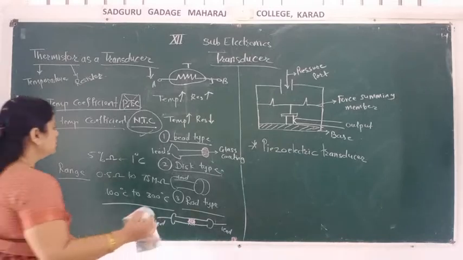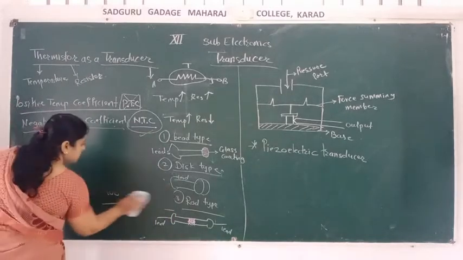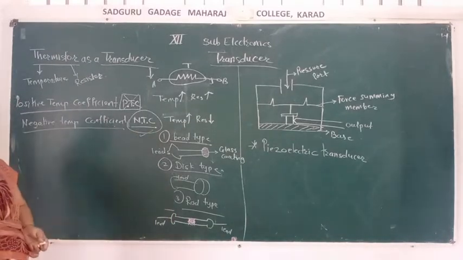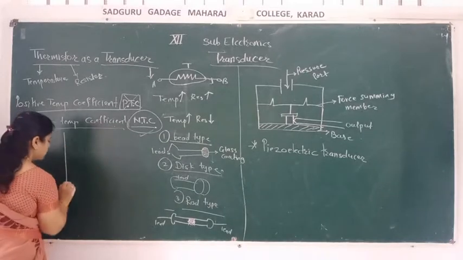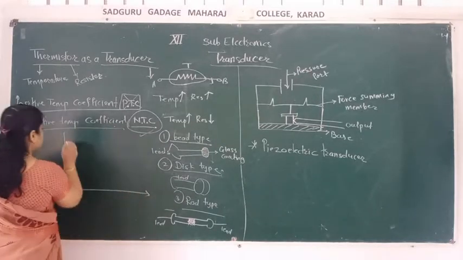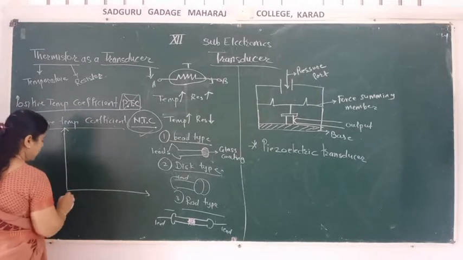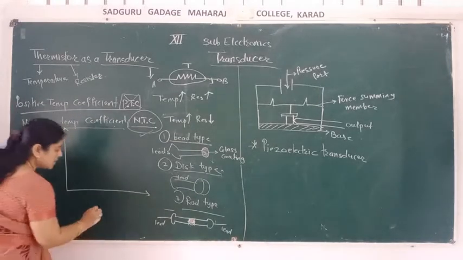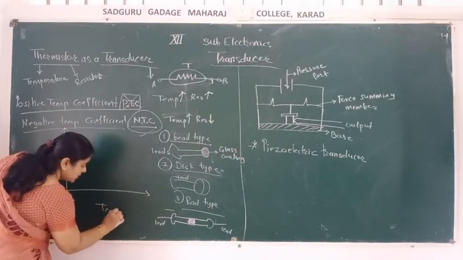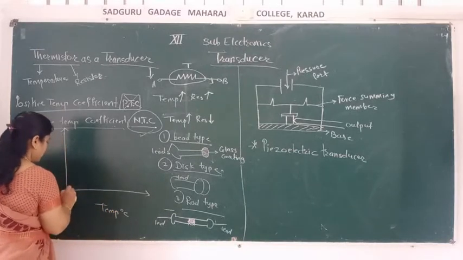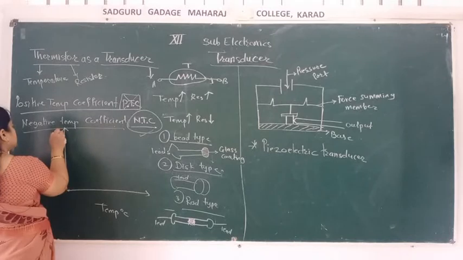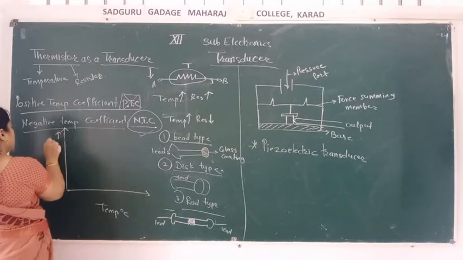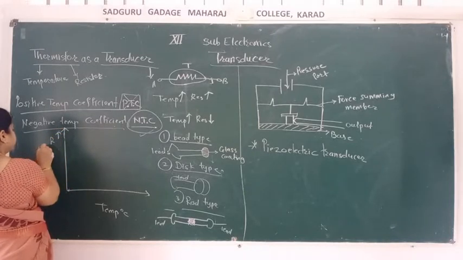What happens in the graph? You can observe the graph like this. This is the temperature in degrees Celsius, and this is the resistance R in ohms.